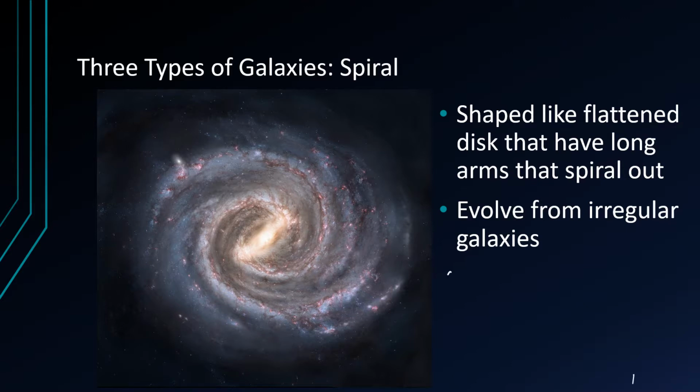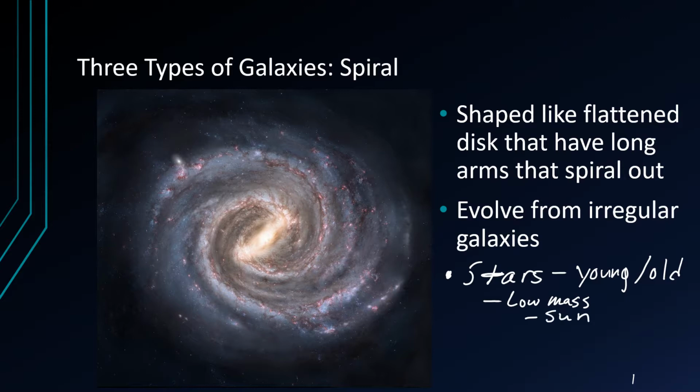Now the stars here are a bit more mixed. We have a combination of young stars and old stars. So we have low mass stars, like in the elliptical, and our sun is a low mass star.